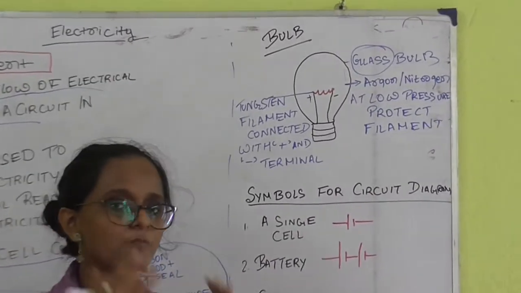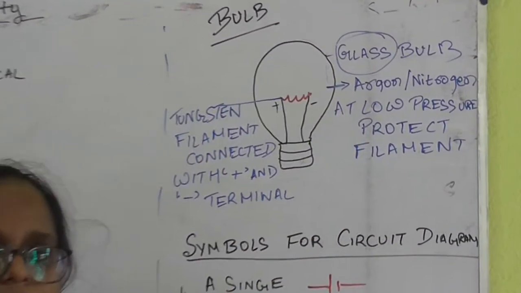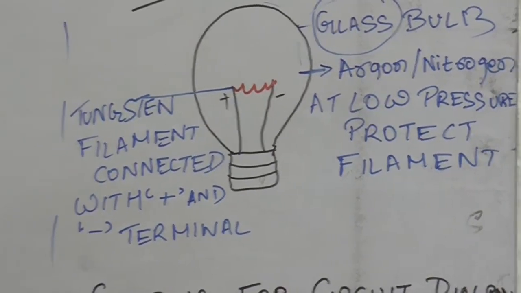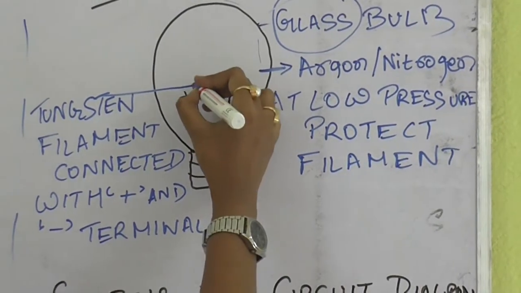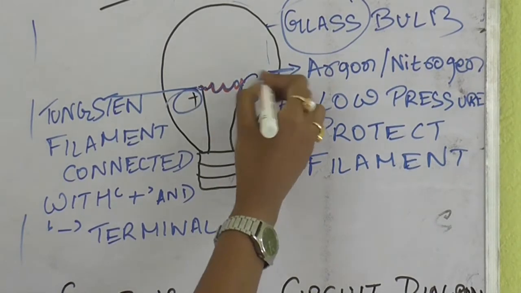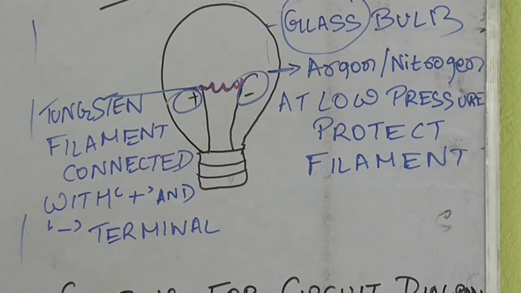If you have seen a bulb, you will see that the outer layer is of glass. Inside the bulb there is one filament present. There is one thin layer present, that is connected with positive and negative terminals. Both sides of the filament are connected with the positive and negative terminals.